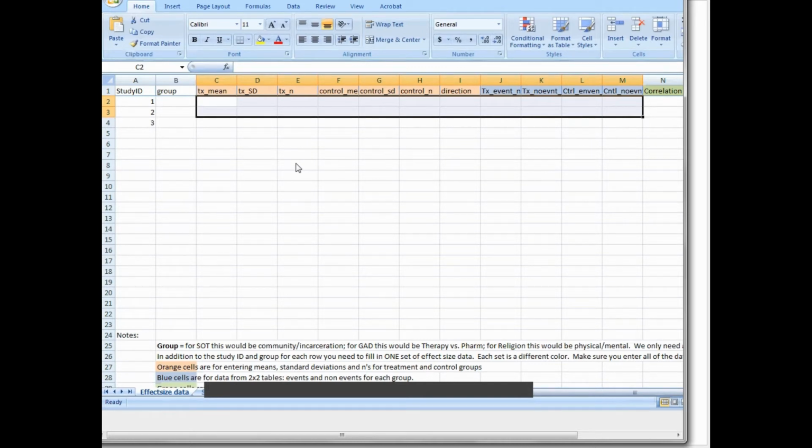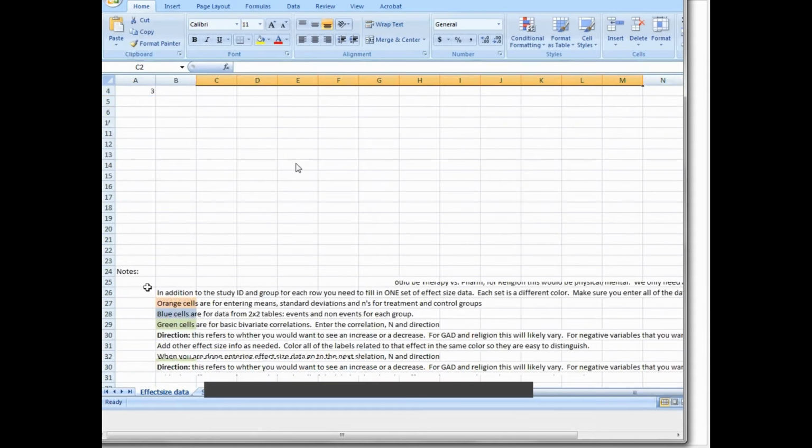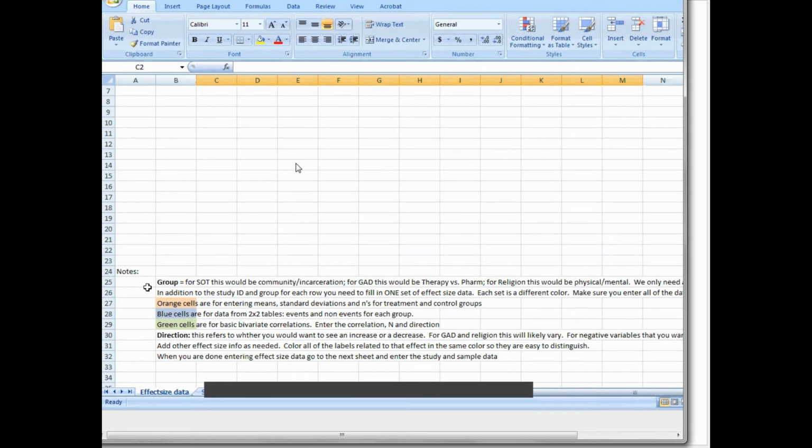So if you're finding that you're getting some other information like a t-value and the level of significance associated with it and the n size, then you might create that as another set and color it, I don't know, yellow, so that you know that those 3 are good together, etc. I've added in, and I posted this spreadsheet on the Moodle site, and there's notes down here just to clue you into what I was thinking as I was creating this. And you can go ahead and add in other effect sizes as needed.